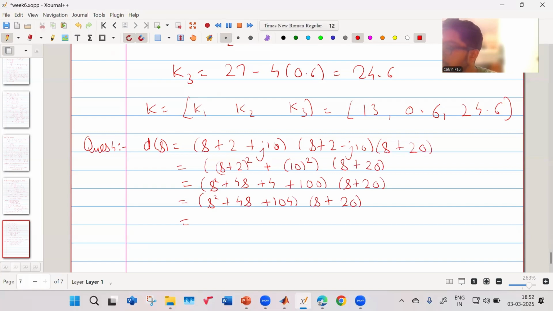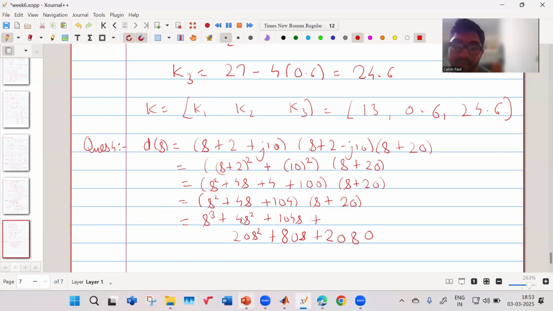Okay. So this is s cube plus 4s square plus 104s plus, sorry, 20s square plus 80s plus 104 into 20 is 2080.